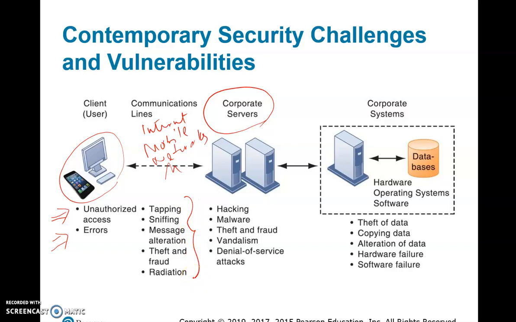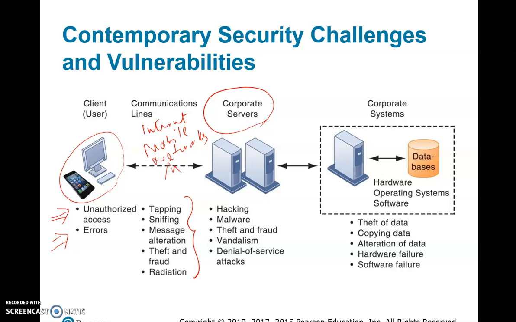We're going to talk a little more about all these. People can tap into these communication lines. They can use what are called sniffers and sniffing methodologies to find out what is happening. For instance, I can be outside your house in my car, and using software, I can see what you're doing inside your house, what financial transactions you're doing, what emails you're sending, who you're chatting with.